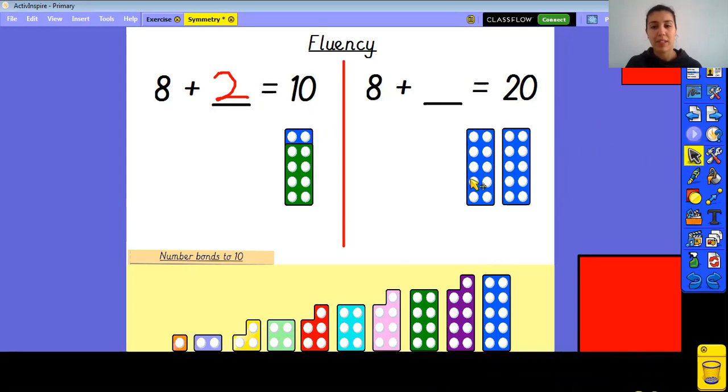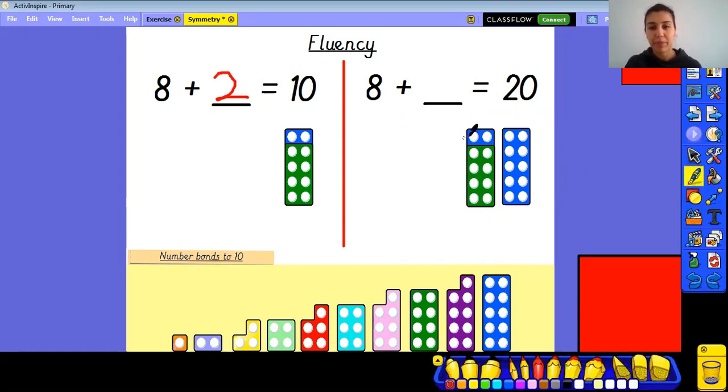However, you might notice that over here, if I have 8, that's still going to be 2 that I need to complete this whole 10. But when I make 20, I've got a whole extra 10 here that I didn't need when I was just making 10.